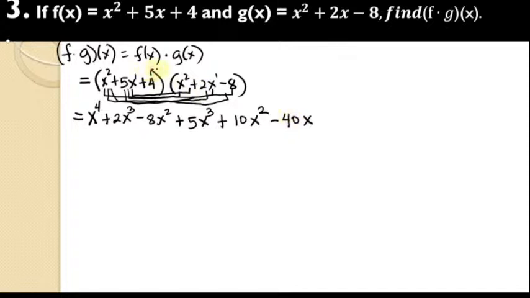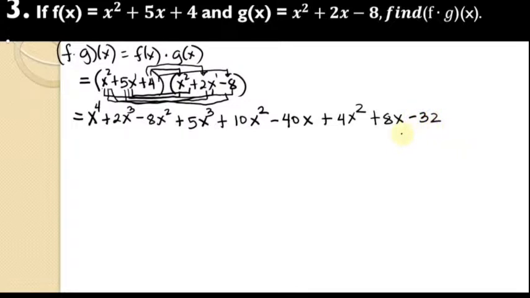Then ito, 4 times x squared, so that is positive 4x squared. Then ito, 4 times positive 2x, that is positive 8x. And last term, 4 times negative 8, so that is negative 32.